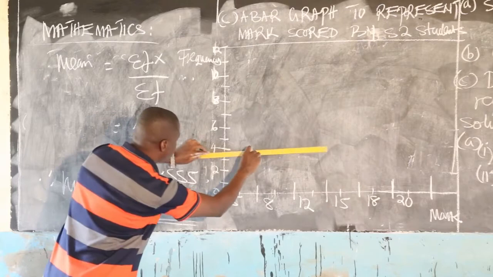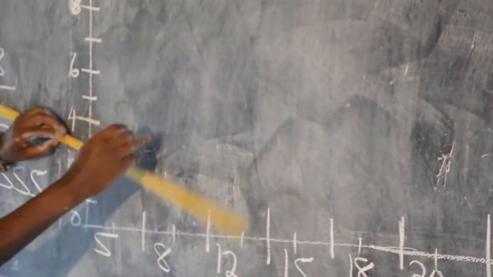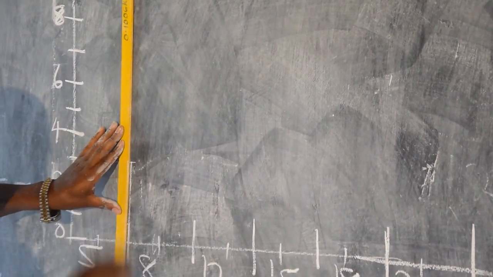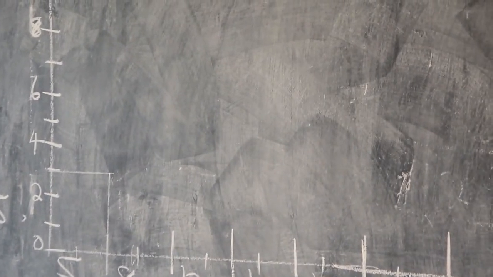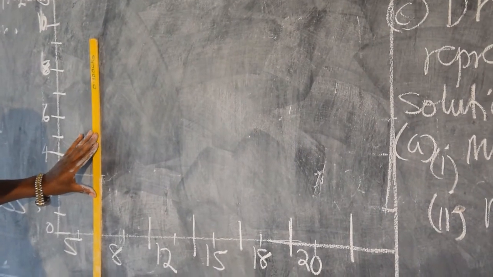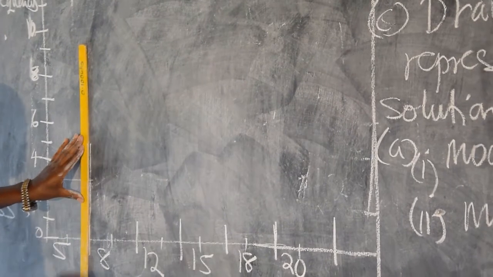Let us have all this, 5, 3 in that arrangement. This is our first bar. The second bar, it is 8. It goes with a 5. 5 is in between 6 and 4.